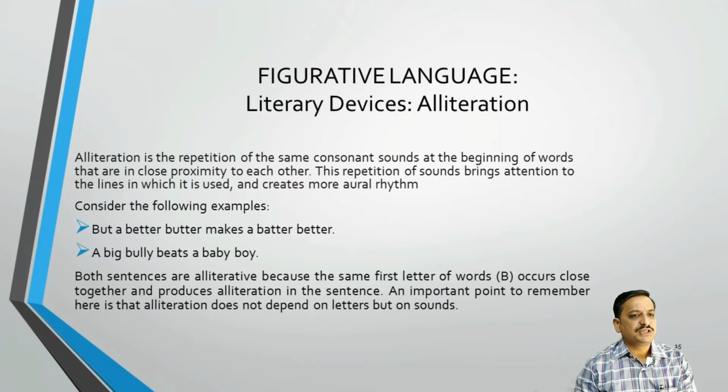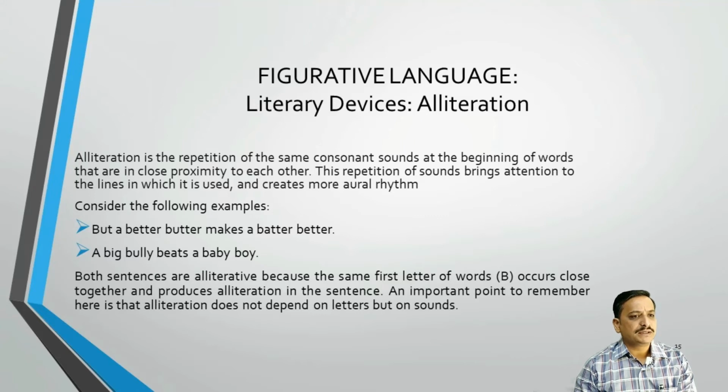Alliteration is a repetition of the same consonant sound at the beginning of words which are in close proximity to each other. This repetition of sounds brings attention to the lines in which it is used and creates more oral rhythm. Consider the following examples.